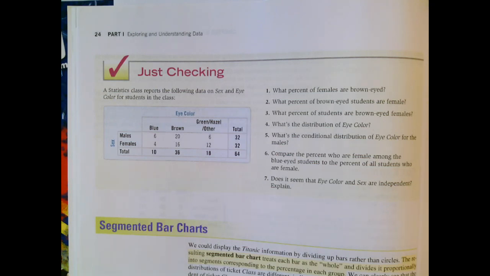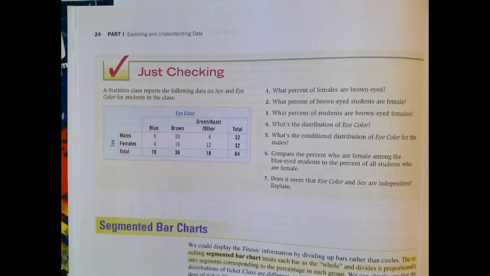Number 4, what's the distribution of eye color? Okay. When it's asking what is the distribution and now it's giving you a specific variable, that's your condition. This is a conditional distribution.